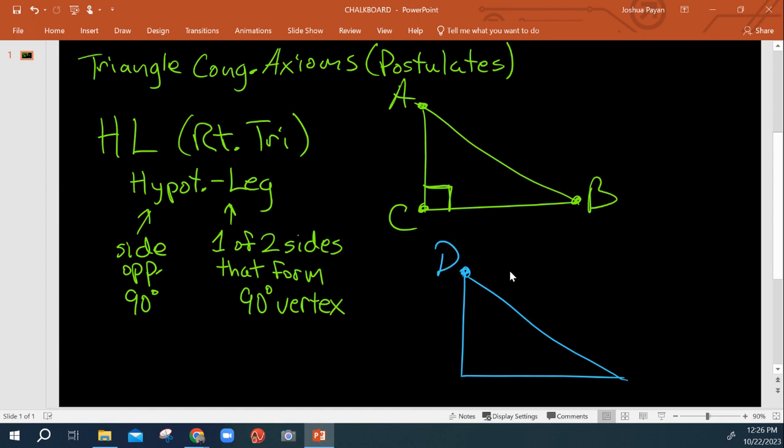And we'll call this D, E, F. Okay, and DEF's hypotenuse is also opposite of the 90. It's that guy right there, again, because it's across from the 90. That means the legs are DF and FE because they form the 90, just like ABC's legs would be AC and CB because they form the 90.